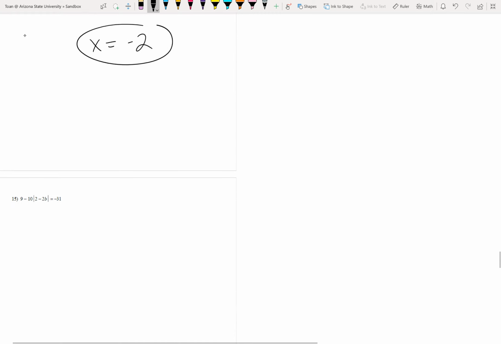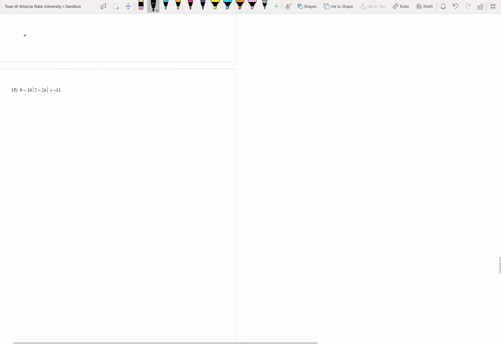Number 15 is also a linear equation, but it has a special symbol, an absolute value symbol. So the general rule when you have absolute values in an equation is, before you can actually solve it, you want to get the absolute value by itself. Highlighting the absolute value makes it clear that we need to get rid of this 9 and this negative 10.